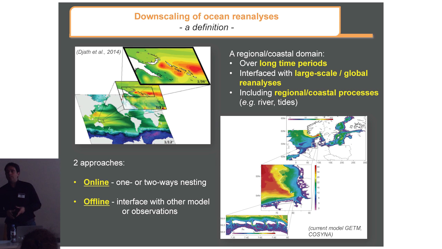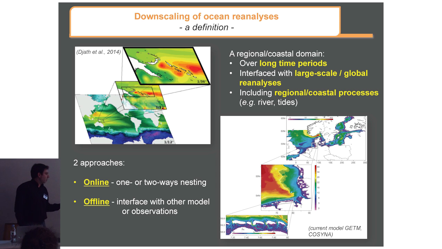For this downscaling, there are two main approaches. The first one is we do it online, which means that we are running the large-scale model with the small model. It's a kind of one-way or two-way nesting. In the one-way nesting, the large-scale model will force the small domain. And in the two-way nesting, the solution from the small model is influencing the large-scale model.